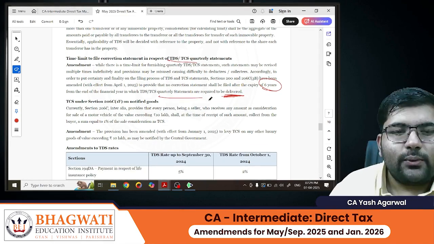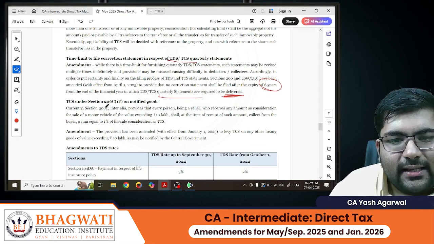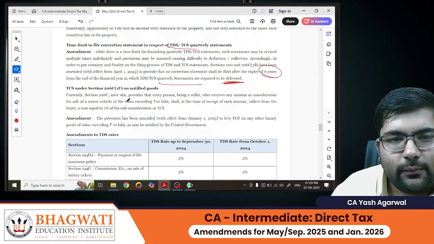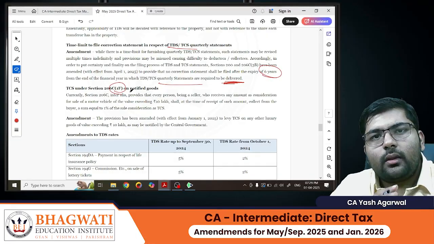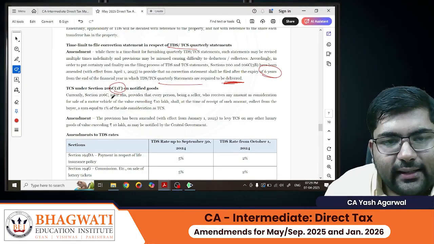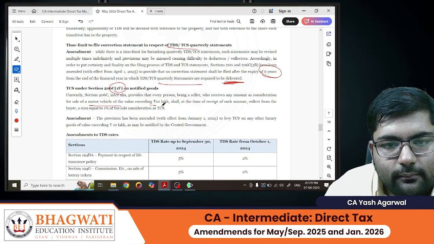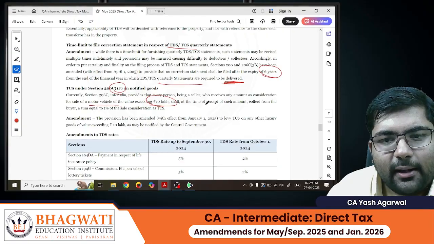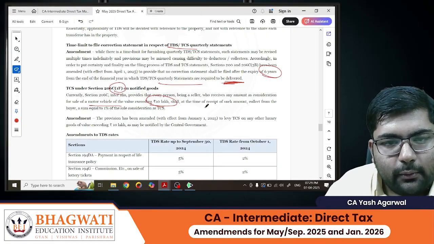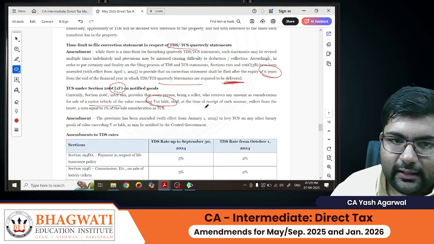TCS under section 206C(1F). See, the only amendment that has taken place is 1F, if you remember, was only for motor vehicles. It was for cars, motor vehicles. If sold for a value exceeding rupees 10 lakhs, then at the time of receipt, TCS equal to 1% of the sale consideration had to be collected by the seller.